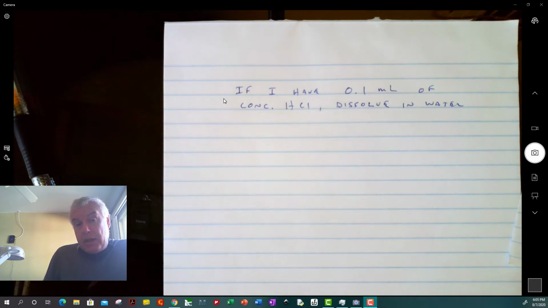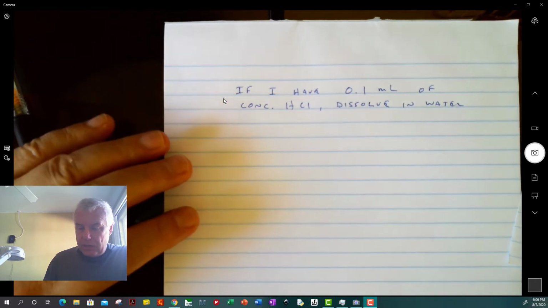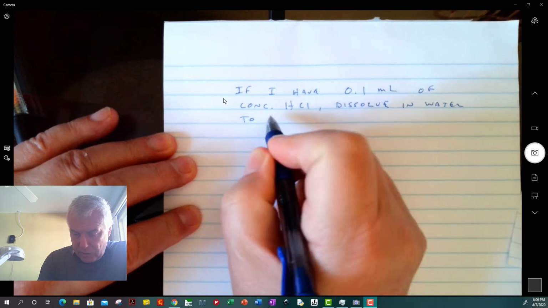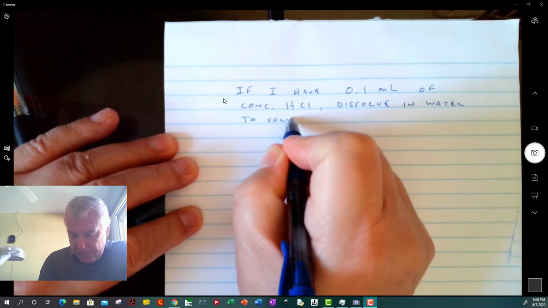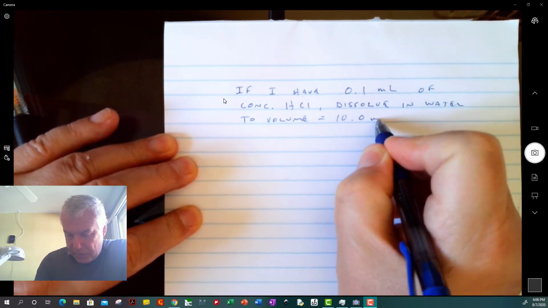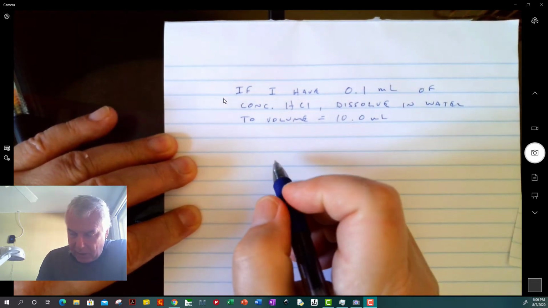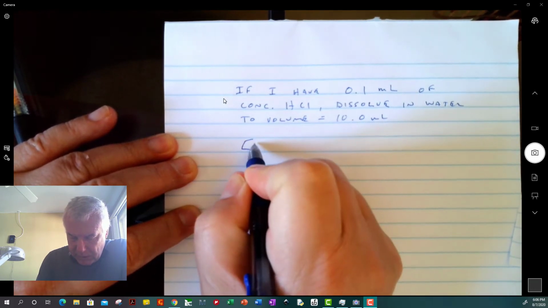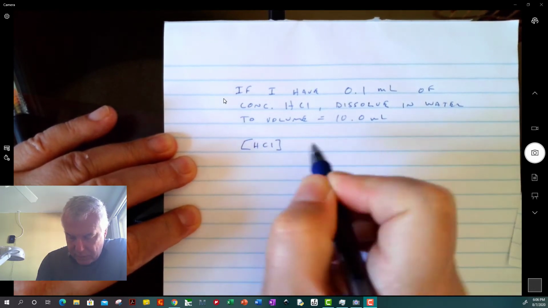It's not that important for dilute solutions, but as you have more concentrated solutions, sometimes the volumes don't quite add up. So dissolve in water, and then to volume, equal to 10 mL. Then what is the HCl concentration?